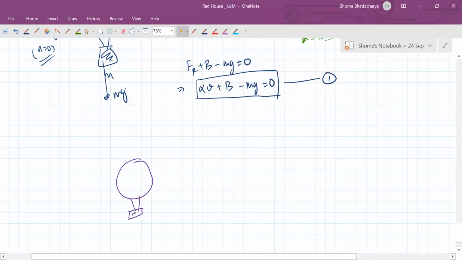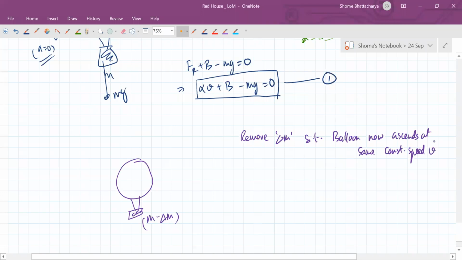The mass has become m minus delta m, because we've removed delta m, such that the same balloon now ascends at the same constant speed v. So this time it's going up with the speed v, with 0 acceleration.